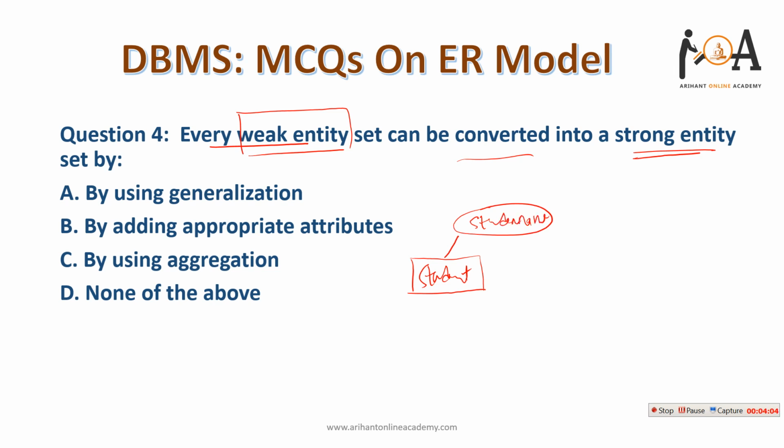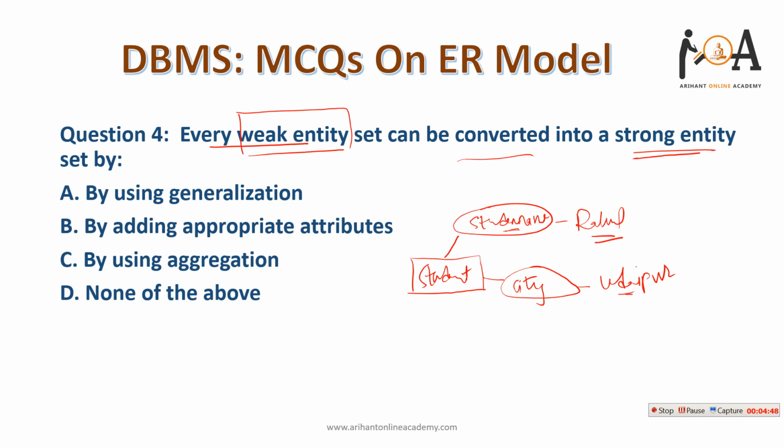Student name by itself isn't enough to say which student we are talking about, because many students may have the name Rahul. Or suppose I add one more attribute, city, Udaipur. There may still be a case where the name is Rahul and the city is Udaipur for both, so there isn't any uniqueness.